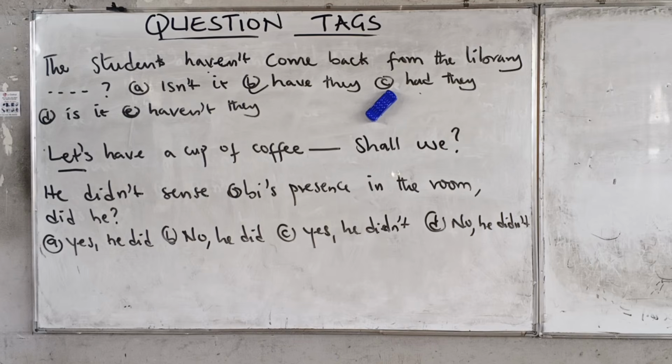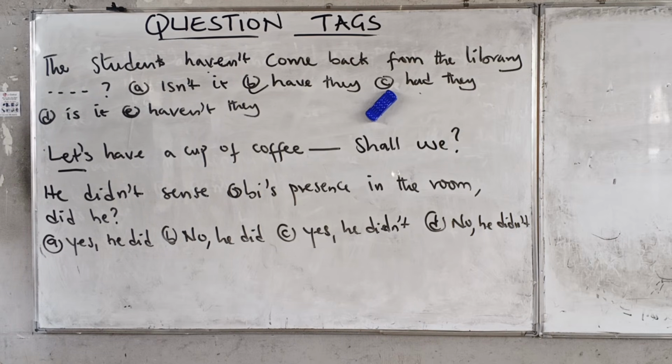So, did he? "No, he..." Say it out with your mind if you are sure. How will it be "no, he didn't"? Now look at this. "He didn't sense Obi's presence in the room, did he?" "Yes, he didn't."